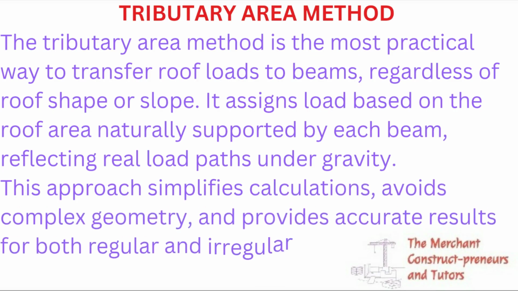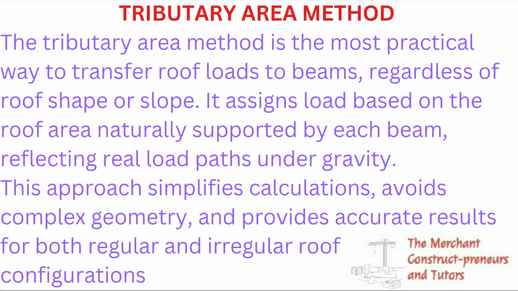Now the tributary area method is the most practical way to transfer roof loads to beams, regardless of the roof shape or slope. It assigns load based on the roof area naturally supported by each beam, reflecting the load path under gravity, right?